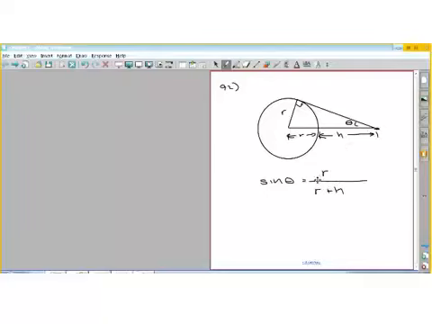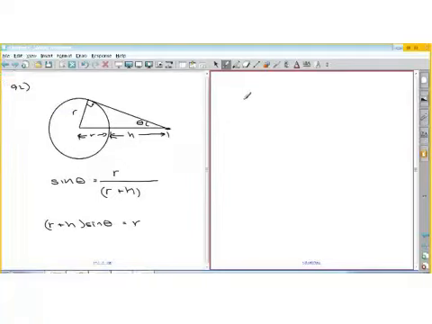Now if we want to solve for h, we could multiply both sides by r plus h, and we get r plus h times the sine of theta, and that's equal to r. And we multiply out, so we get r sine of theta plus h sine of theta is equal to r.